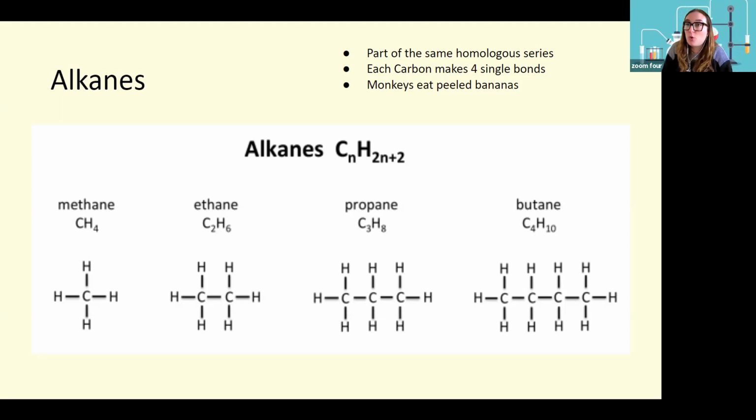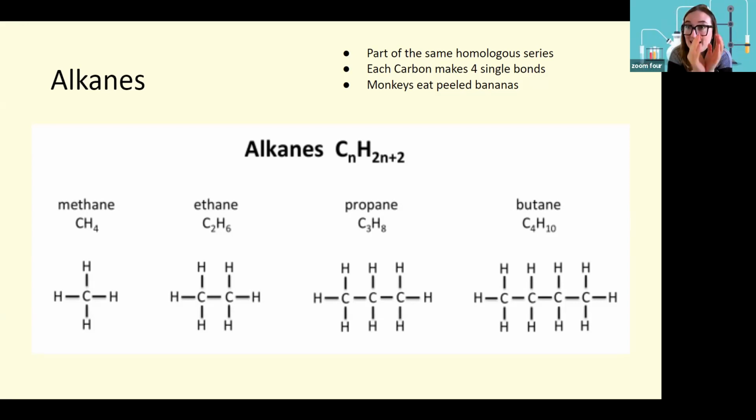All right, one more. Let's go with if n equaled 8. What would be the number of hydrogens? So if it was C8, what would the number of hydrogens be? Let's get that in the Q&A, guys. Brilliant. So remember, it's 2 times n plus 2.